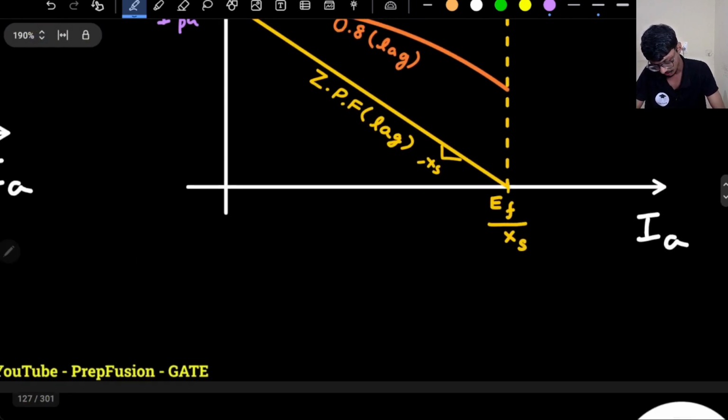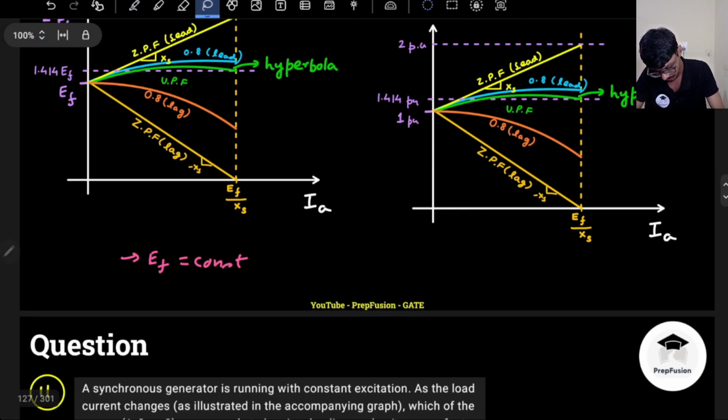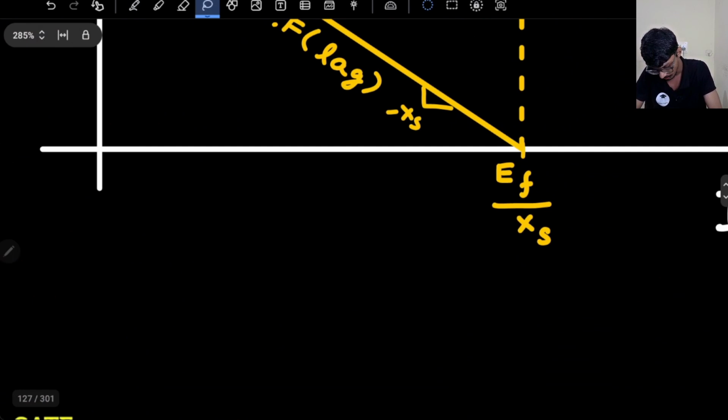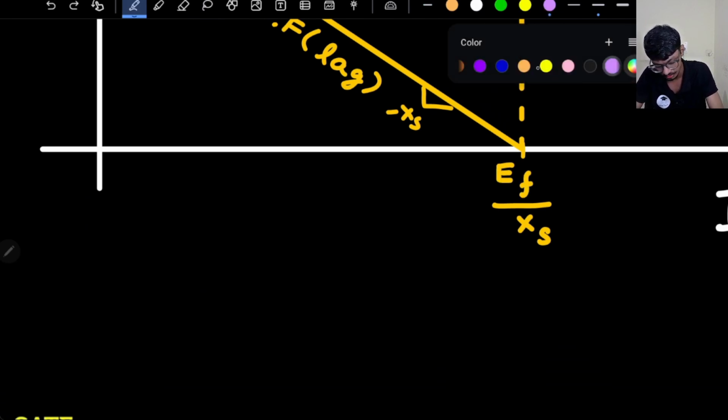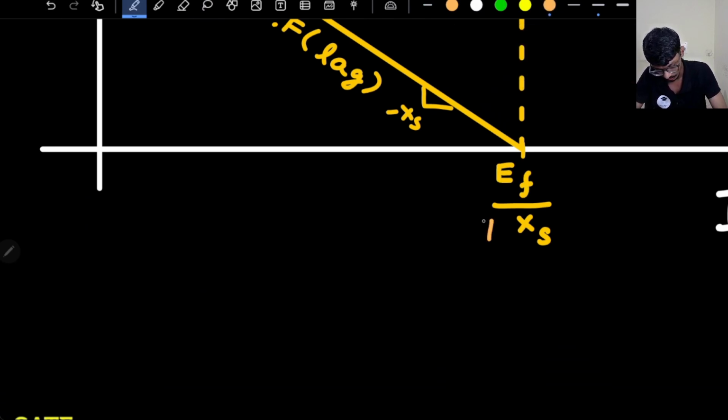So here what will be the case? This will not be Ef by Xs, this will be Ef by Xs divided by I rated. I don't know the value of I rated, it will be given to you in the question. Dividing by I rated will convert this into per unit.